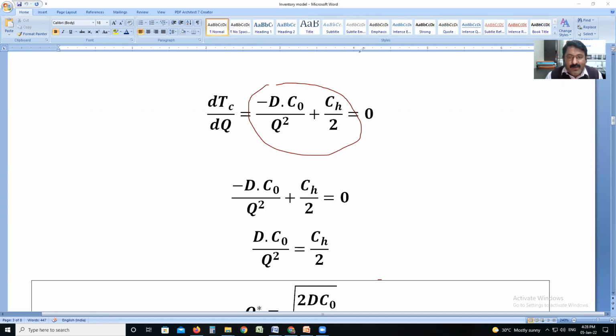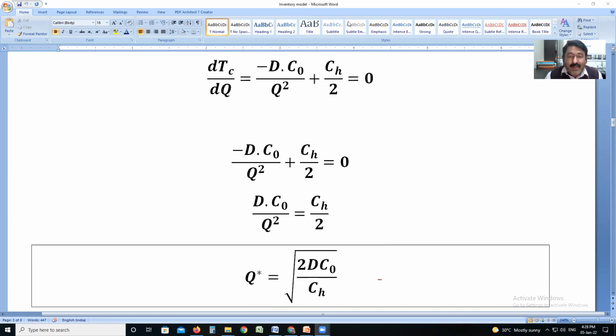Converting the complete equation, what I want? Ultimately, I want everything in terms of Q, and now I will call it Q star, because we are calculating EOQ, optimum quantity. So now Q will become Q star. So you can see here, if I express this, then Q square is equal to twice D CO divided by CH.